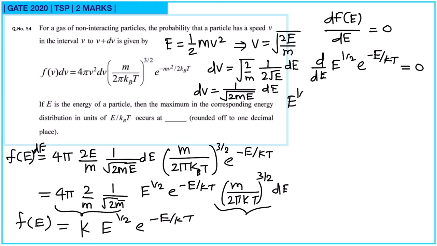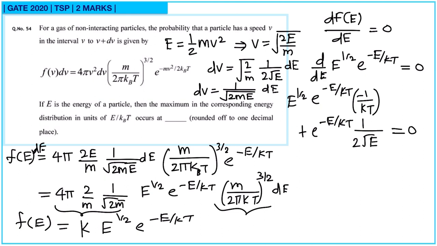So E raised to half e raised to minus E by kT into the derivative of this, so that is minus 1 by kT, plus the second term as it is, plus e raised to minus E by kT into the derivative of this, so that is 1 upon 2 root of E, and the whole thing is equal to 0.